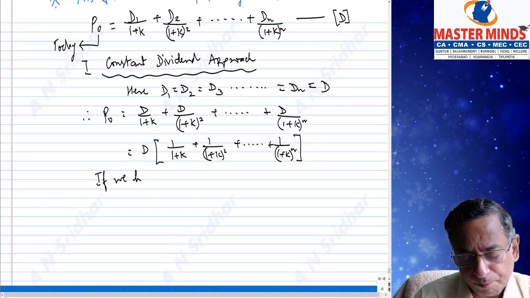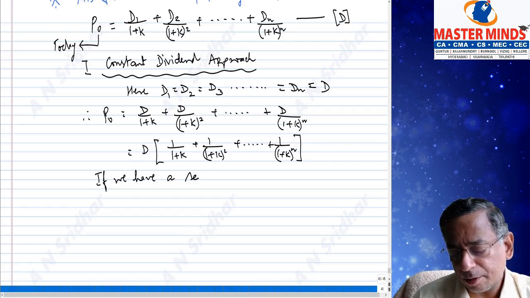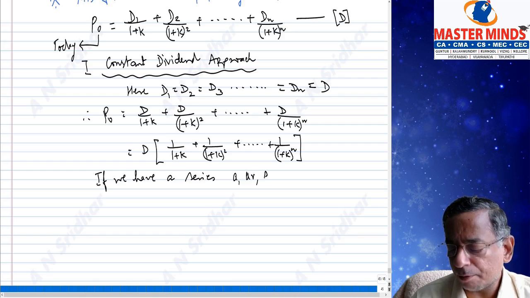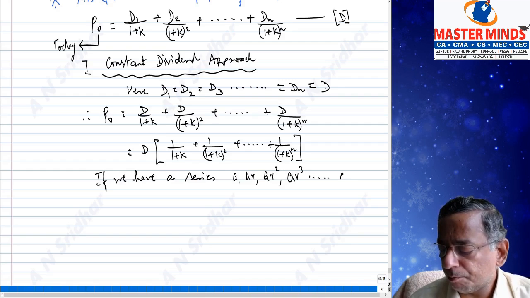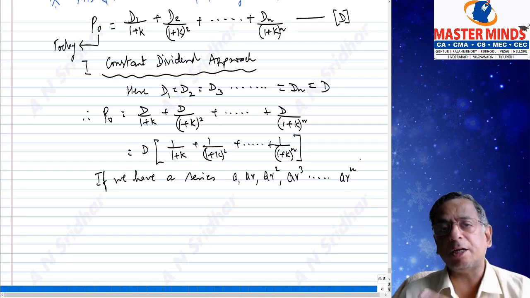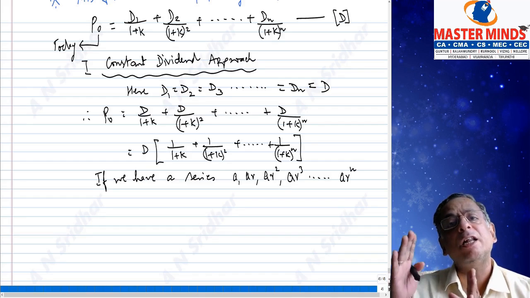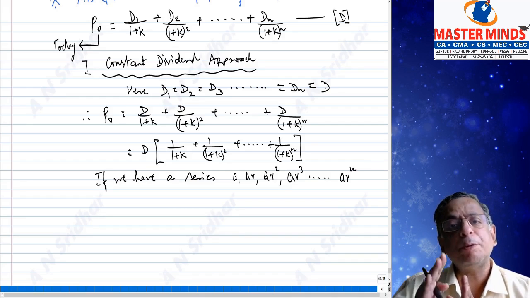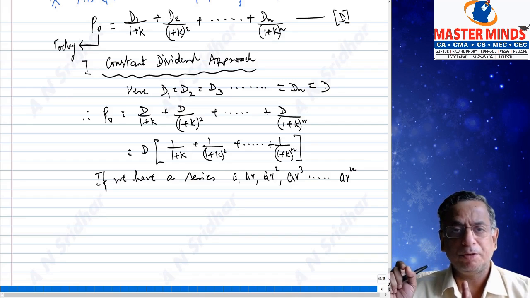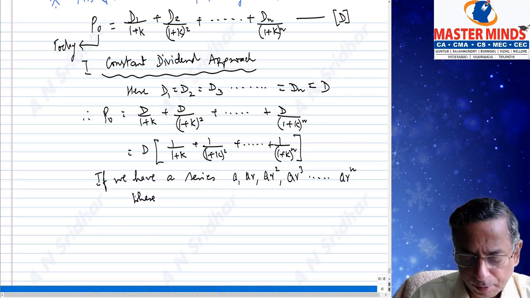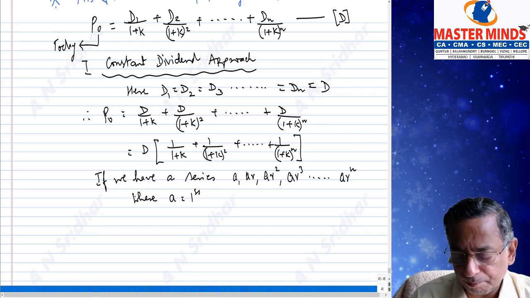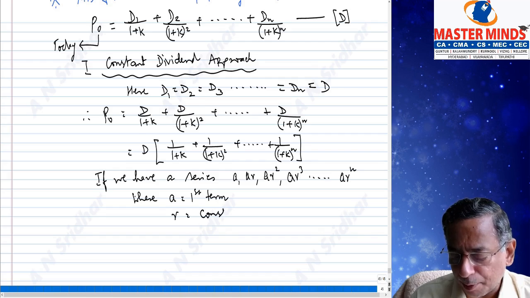If we have a series A, AR, AR square, AR cube, AR raised to N, it means there is a term A and every next term is multiplied by some constant, that is R, where A is the first term and R is a constant multiplier.